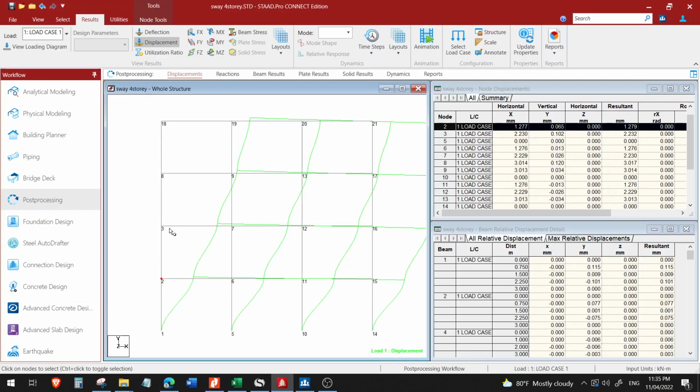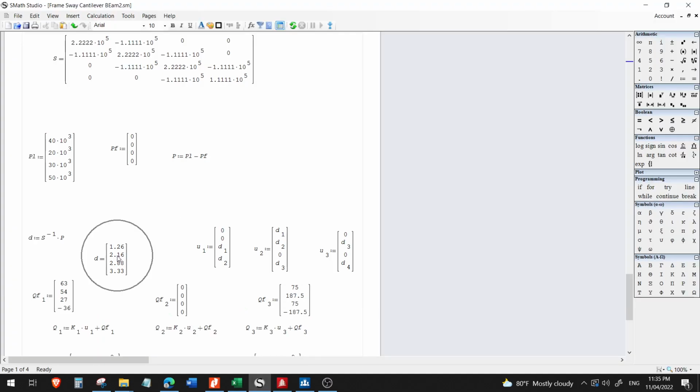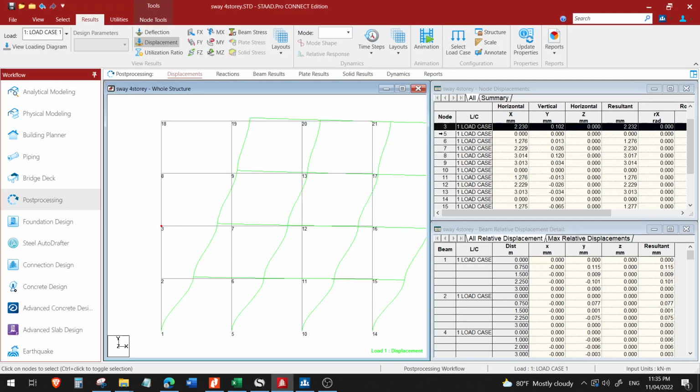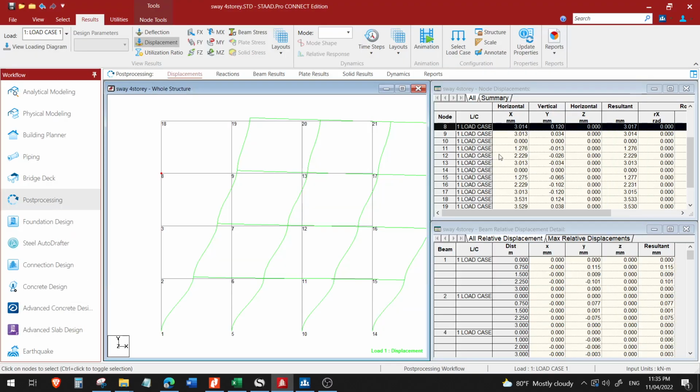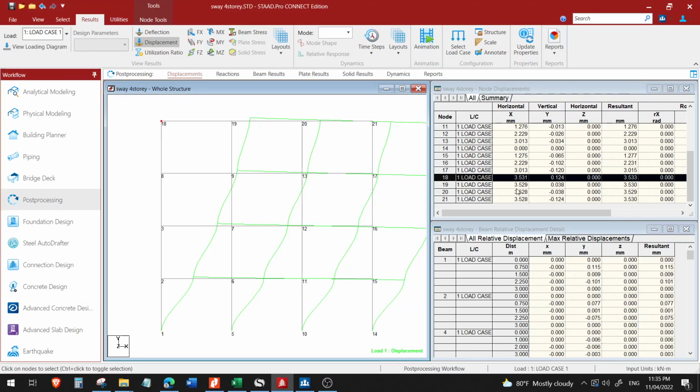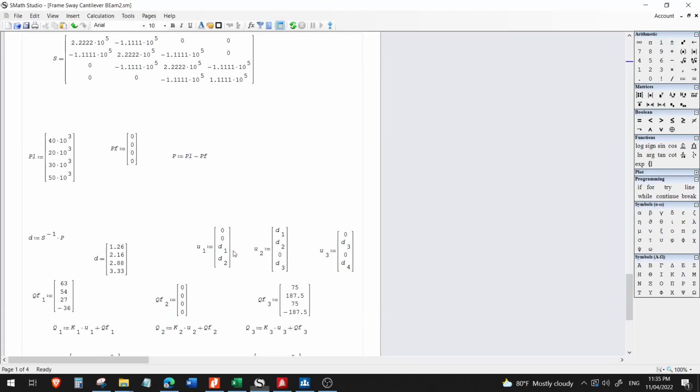Here it is 2.2. We got 2.16. Next is this one, node 8, 3 mm. We got 2.88. And finally, 3.5 mm. So we got only 3.33.